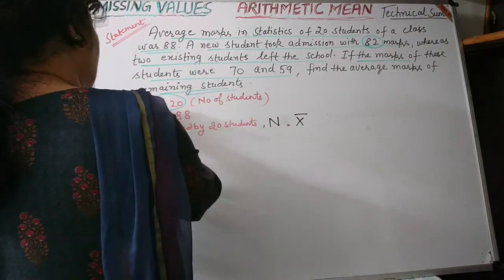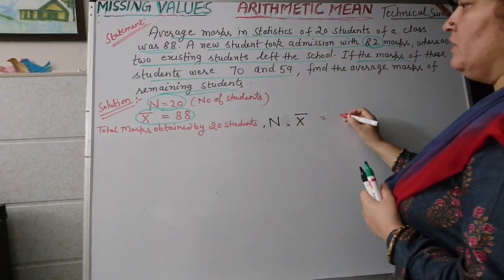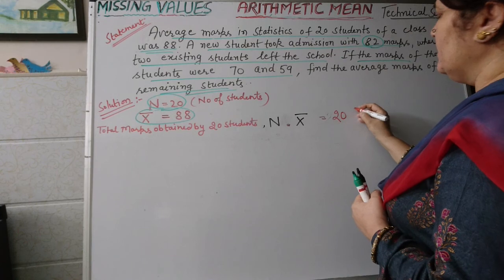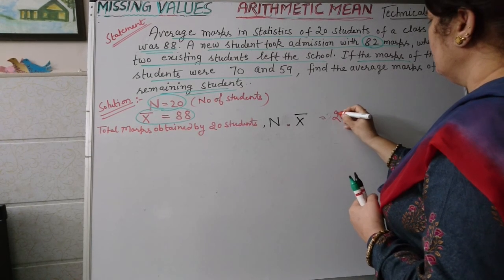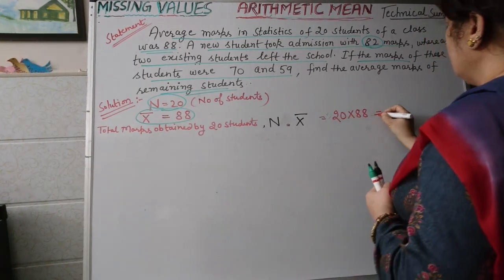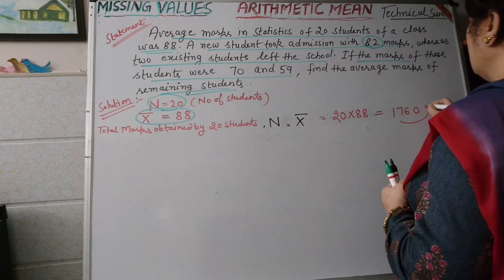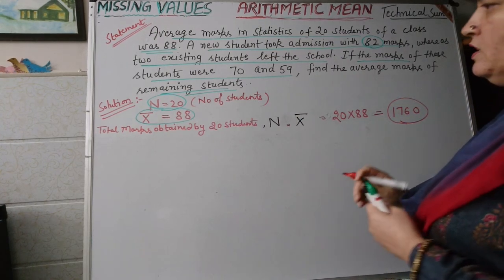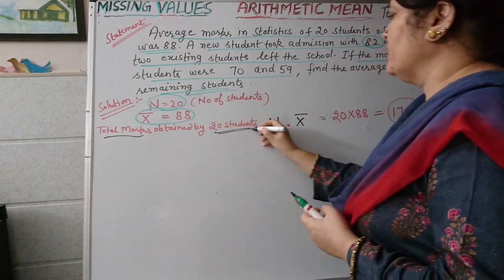So these are the two values, n and x bar. By putting the value of n as 20 and the value of x bar as 88, this will be equivalent to 1760. So these are the total marks obtained by 20 students.